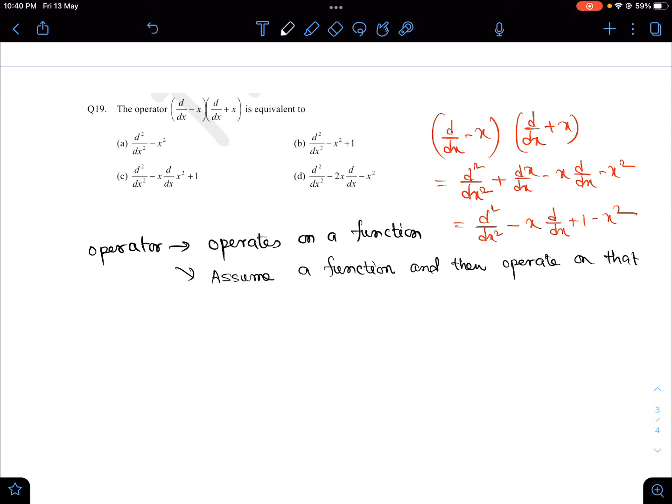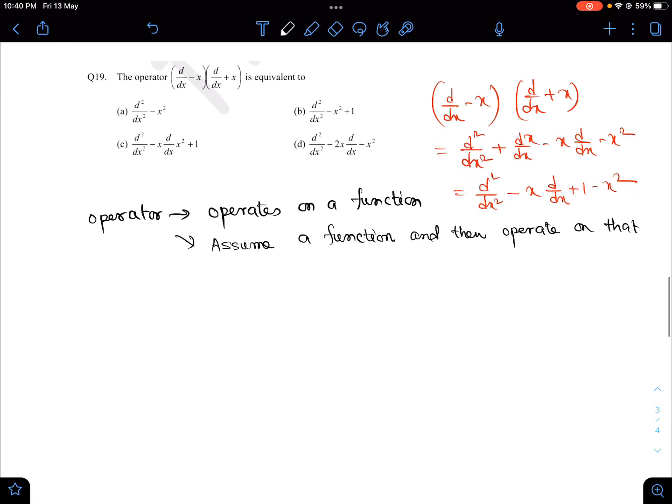Otherwise what you will do will be wrong. So suppose we have a function f of x. So what we will do, we will operate this operator on the function. So let us do that.